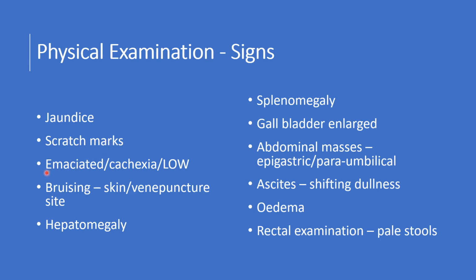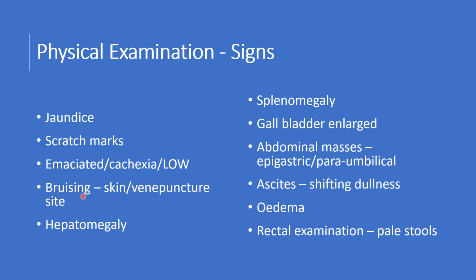You must look out for patients with severe loss of weight. They may be emaciated or cachectic, which is very common in patients with the triple cancers of bile duct obstruction.